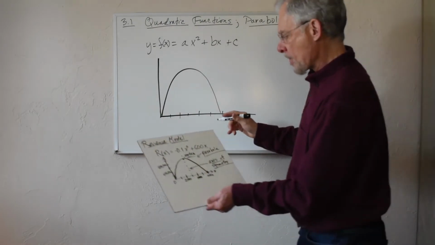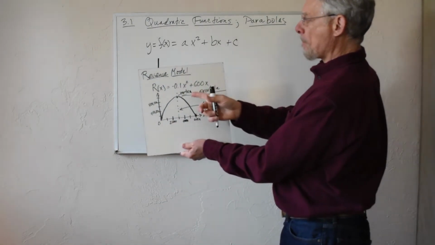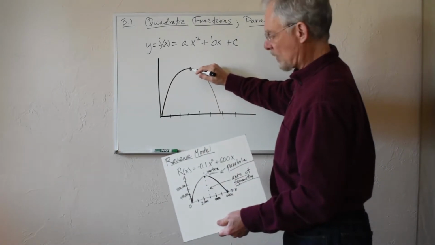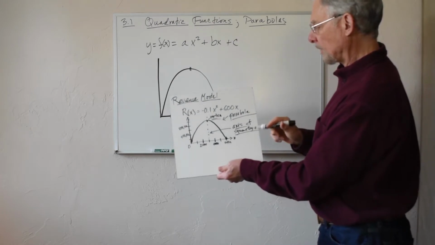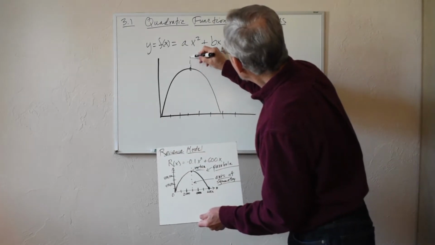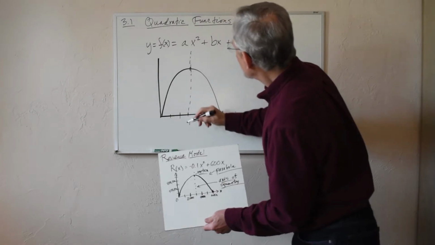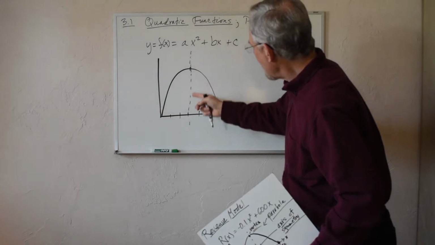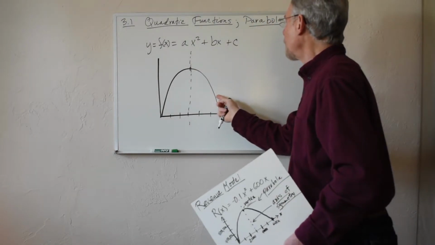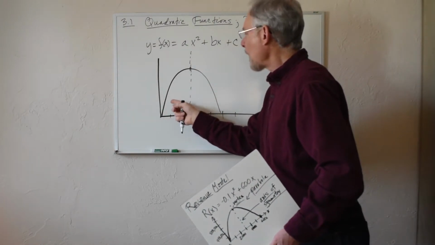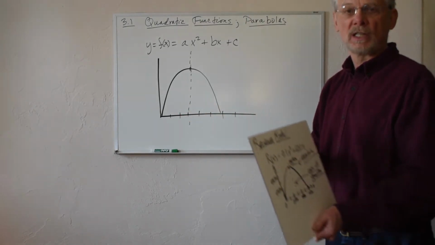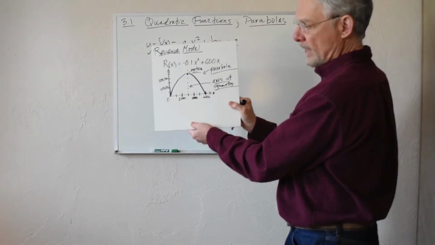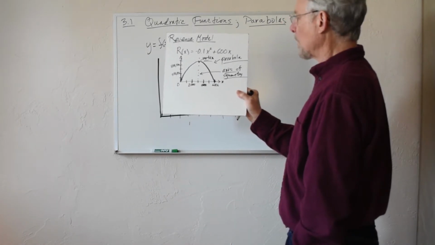Okay? As shown on the board here, the top of the parabola is called your vertex. And a parabola is symmetrical. That means it has an axis of symmetry. If we spin the parabola around the axis of symmetry, it lands on itself. Okay, so this is a more careful drawing. And of course, this is the graph that's in your book.